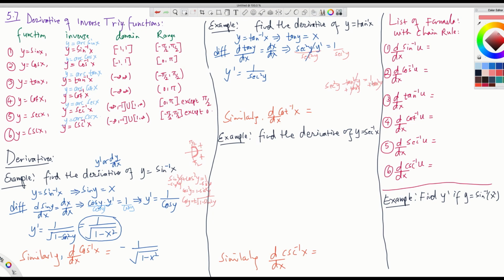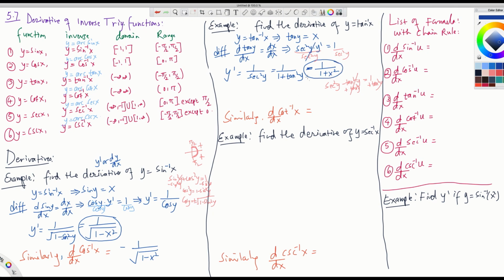So you will get secant squared y equals 1 plus tangent squared y. See that? So I can write this as 1 over 1 plus tangent squared y, right? But what is the value of tangent y? That is x. So I can write the final answer as 1 over 1 plus x squared. This is the derivative of tangent inverse x.